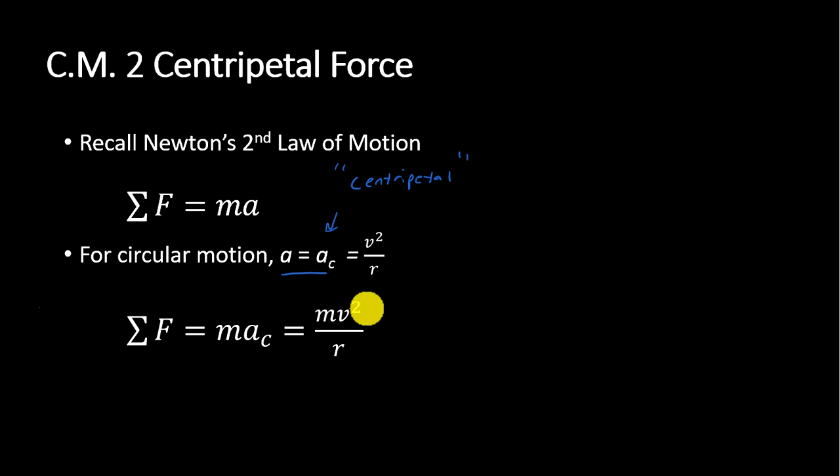So instead of just writing ma, I can write m v squared divided by r. Since we're using centripetal acceleration, I'll put a little c on the sum of the forces: the sum of the forces, this centripetal force, is mv squared over r.